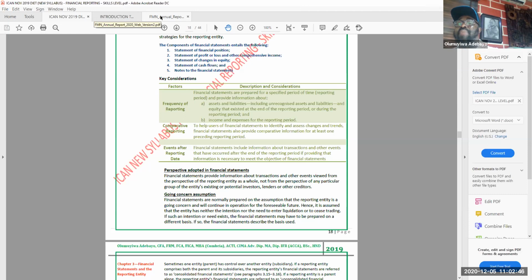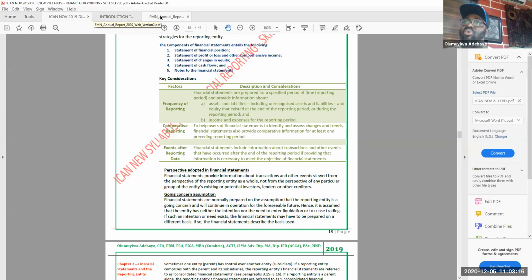Now many companies have their year end as at 31st December, but they had not issued accounts at the time this became prevalent. The question then is: is the COVID-19 pandemic an adjusting event or not? For companies that had their year end in December, it is not adjusting because it was not evident as at December.